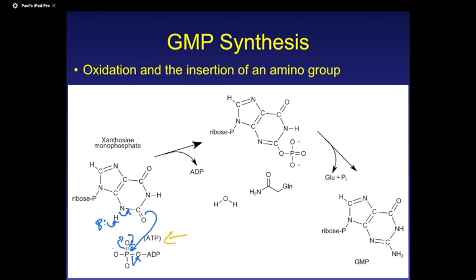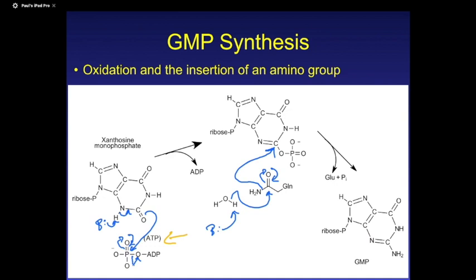Last time we used aspartate. This time we're going to use glutamine to provide the nitrogen. And what has to happen here is this kicks there.